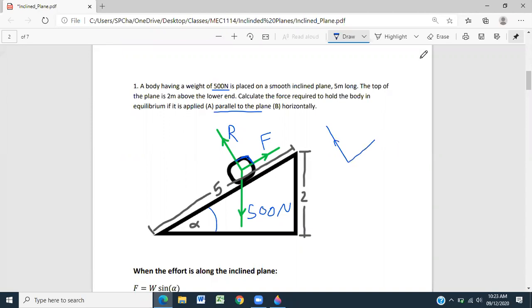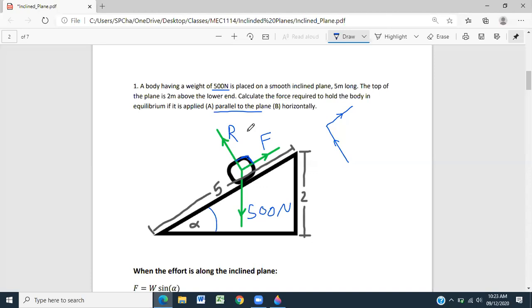So let's move F up here to make the triangle. And then let's slide W up here.